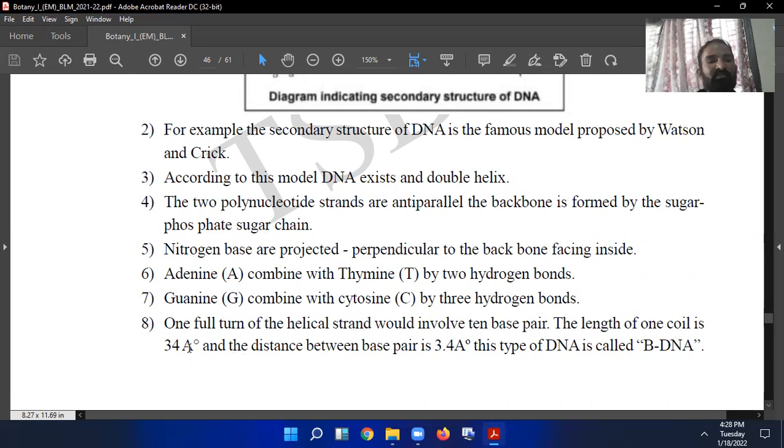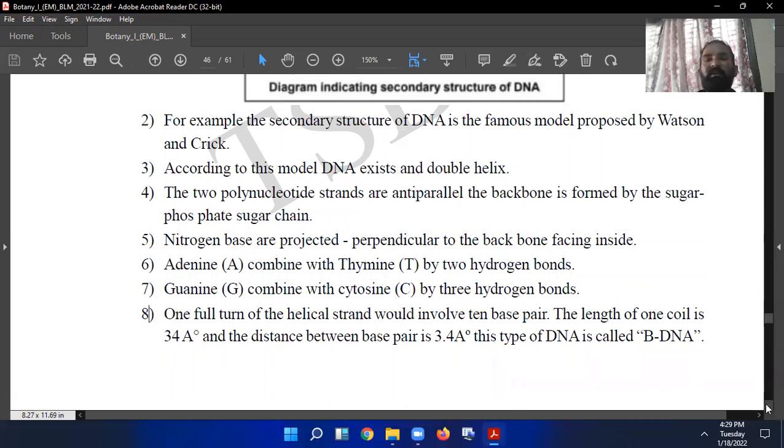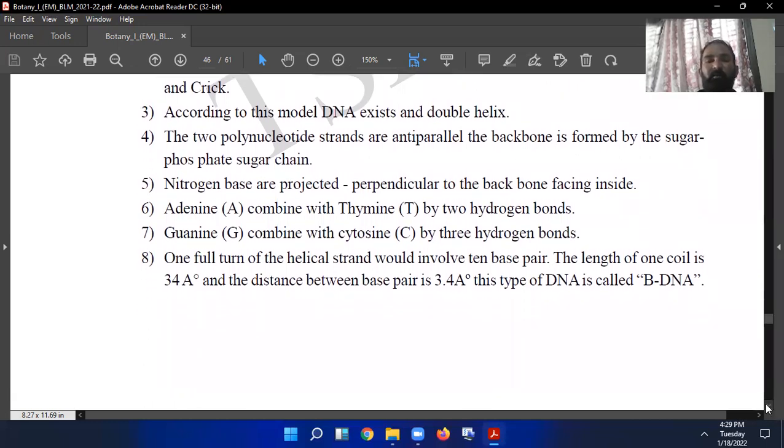That is, 34 divided by 10 equals 3.4 angstrom. This type of DNA is normally called B-DNA.